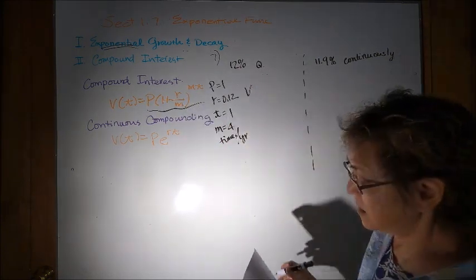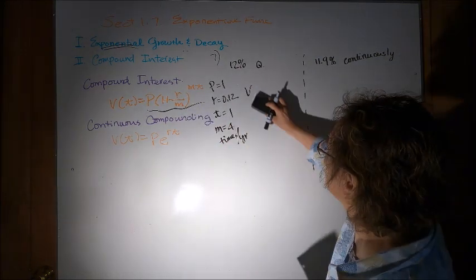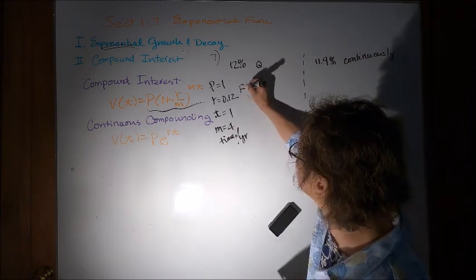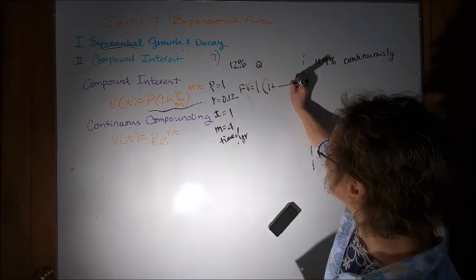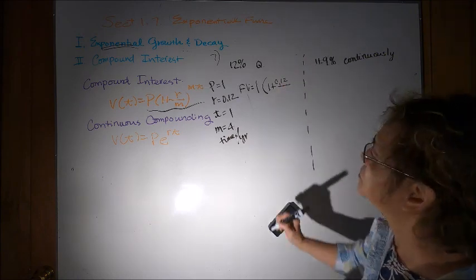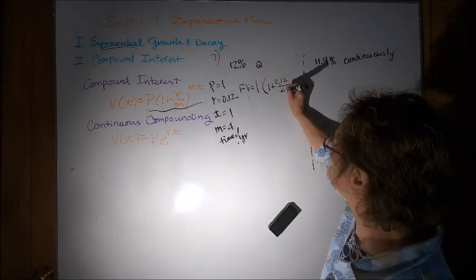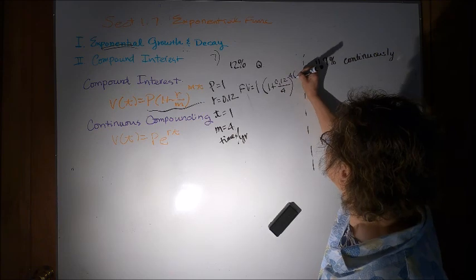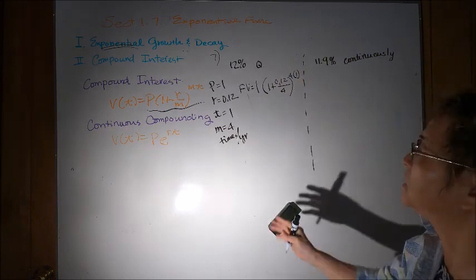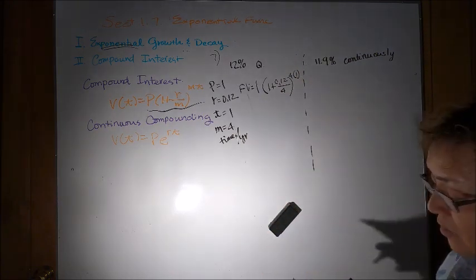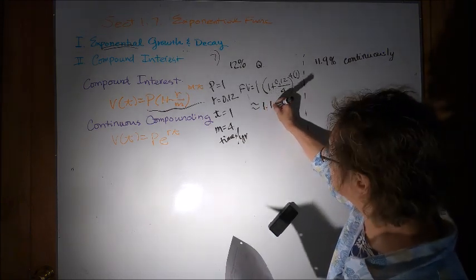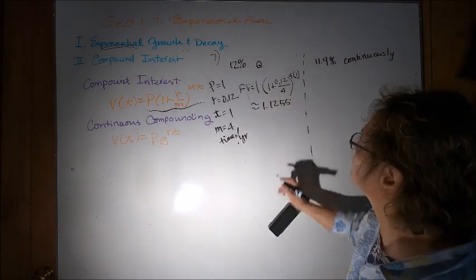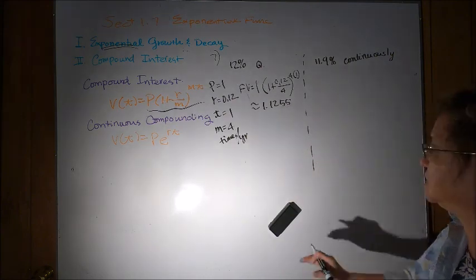What's your future value? 1 times 1 plus your r, 0.12, over 4, to the power of 4 times 1 year. We can compare the two of them already. So for $1, you can get 1.2551 if you compound quarterly.